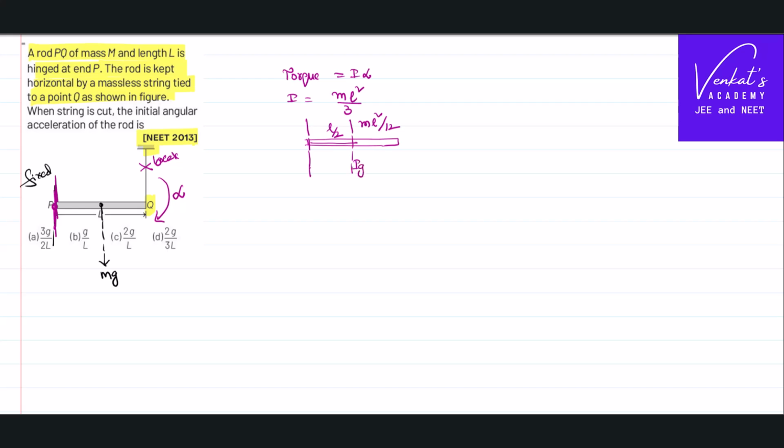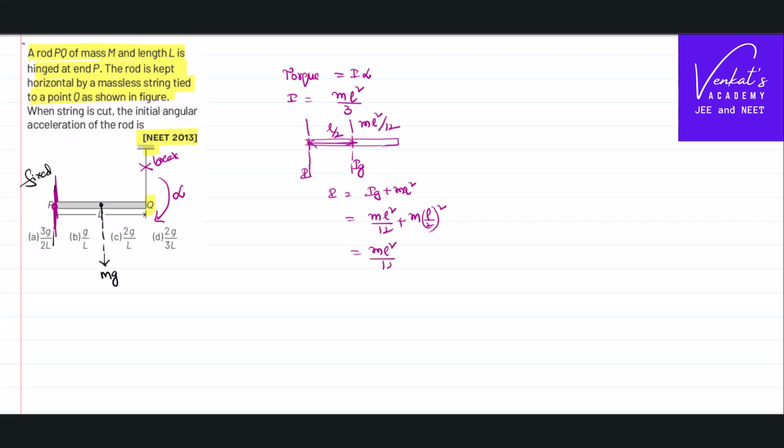This is the moment of inertia about the center of gravity. You want to calculate I, so I can use the parallel axis theorem. I equals Ig plus M r square, where r is the distance between the two parallel axes. Ig is ML square by 12. M, and the distance between the two parallel axes is L by 2, whole square.